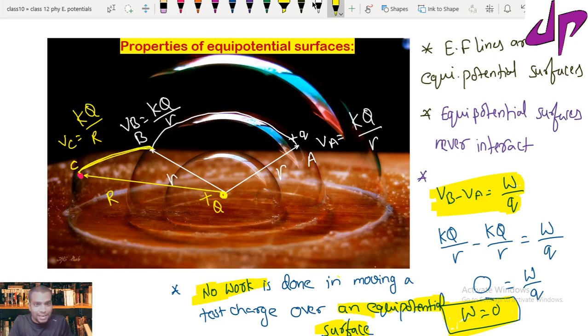So in that case, the potential difference is different, so work done will not be 0.